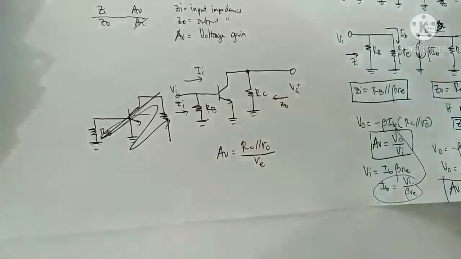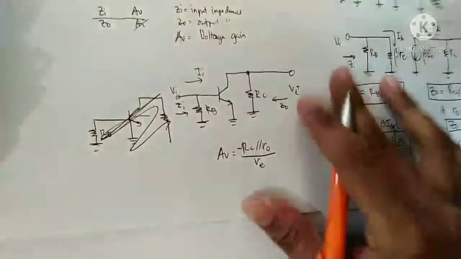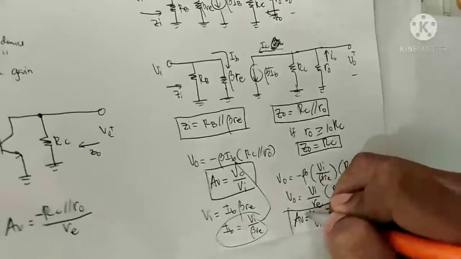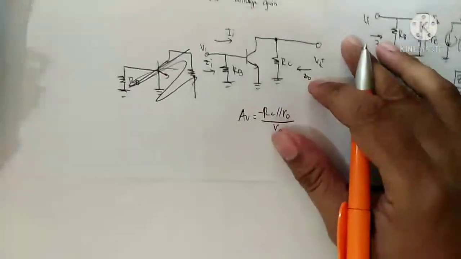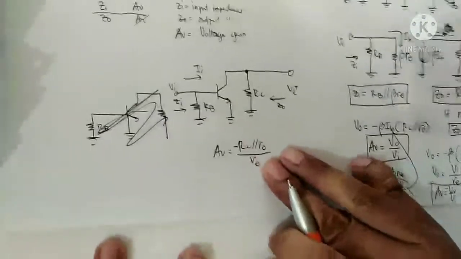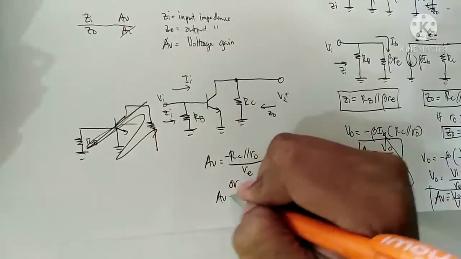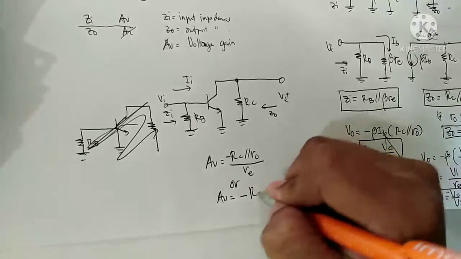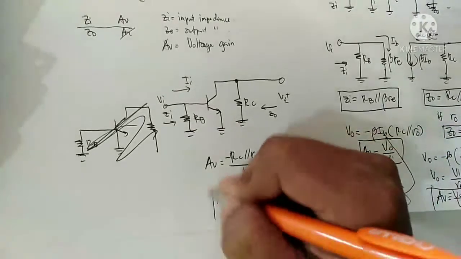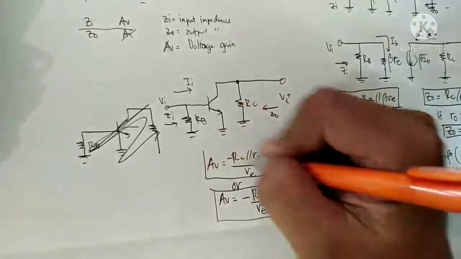So don't forget the negative. Or if RO is greater than 10 times RC, you can use the voltage gain equal to negative RC over RE.